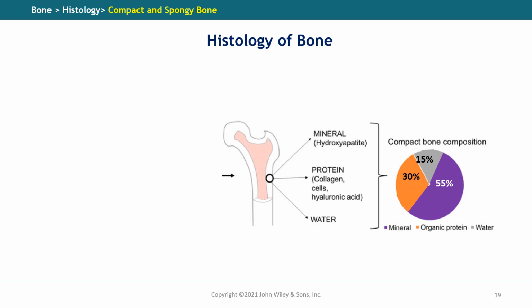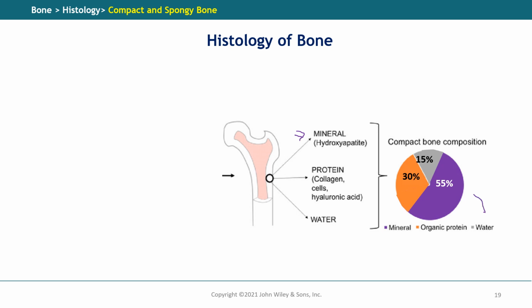So we already talked about the different sections of the bones. We talked about the types of bones. Now we're going to talk about the different components of the extracellular matrix of the bones. And remember, bones contain abundant extracellular matrix that surrounds widely separated cells, and there are three main components. So I'm going to try to use different colors to show you the three components. The first one is minerals.